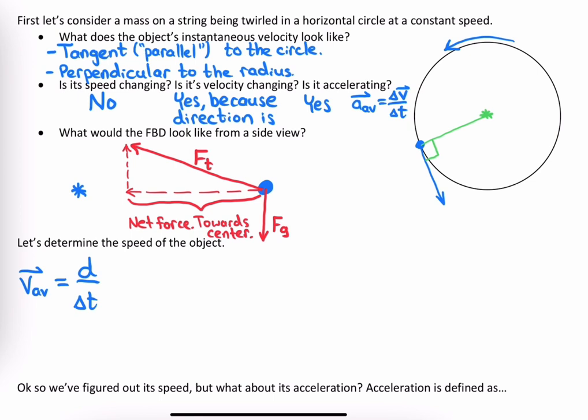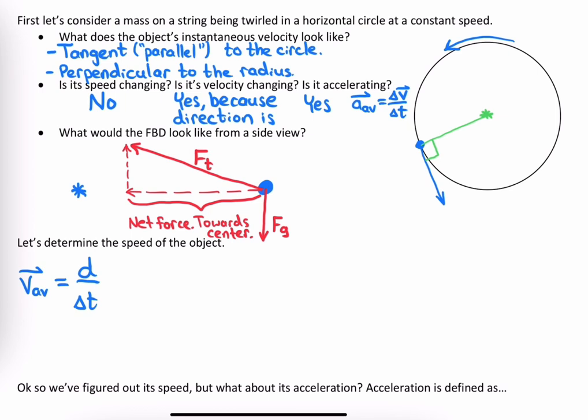Well, in the case of an object moving in the circle, it can travel any distance we want depending on how long we let this person swing it for. But let's just look at a certain length of time. Let's look at one rotation.